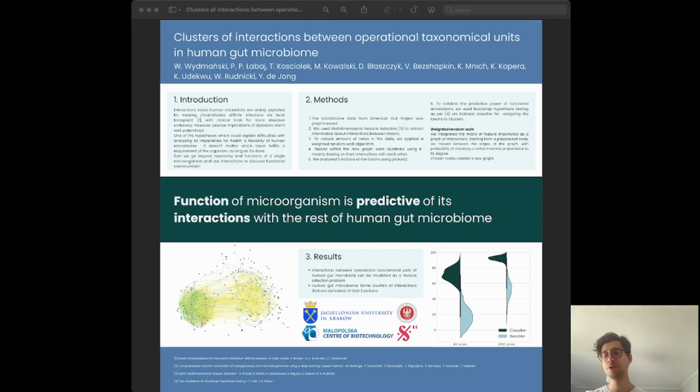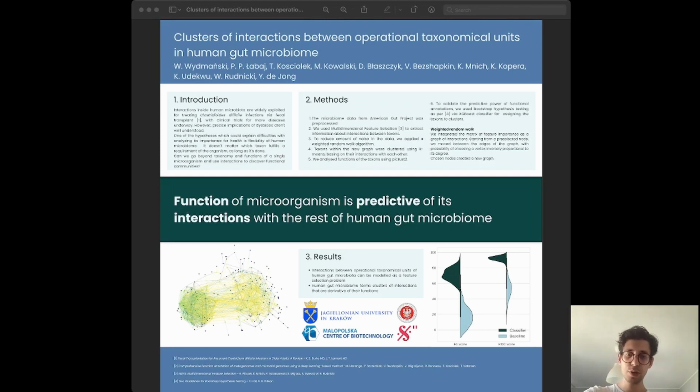Then, to reduce the amount of noise in the matrix, we applied the weighted random walk algorithm. So we treated it as a graph of interactions, with each taxon being a vertex and interaction between two taxons being an edge. We used the weighted random walk on the directed graph, and the probability of choosing a specific taxon to be a part of our new subgraph was inversely proportional to the degree of the node.